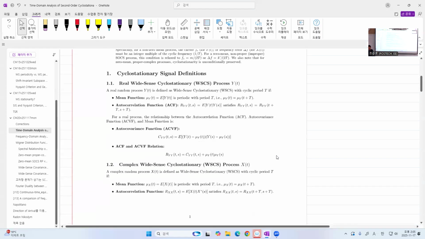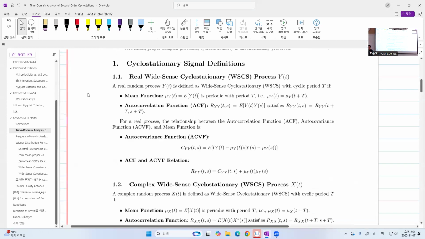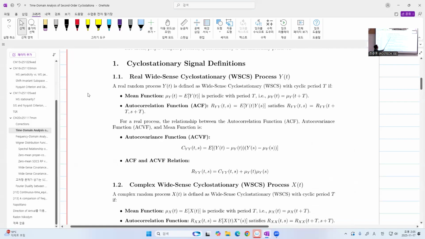So here goes the summary of the definition of real valued Y-sense cyclostationarity first. Since a real valued random process Y of t is real valued, there is no additional information in the complementary autocorrelation, because the autocorrelation equals the complementary autocorrelation function in this case.